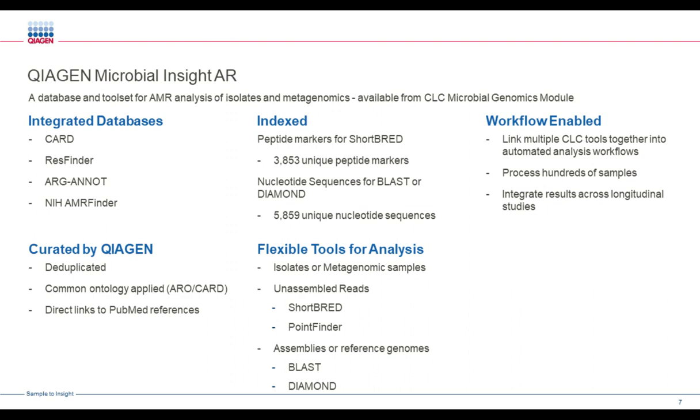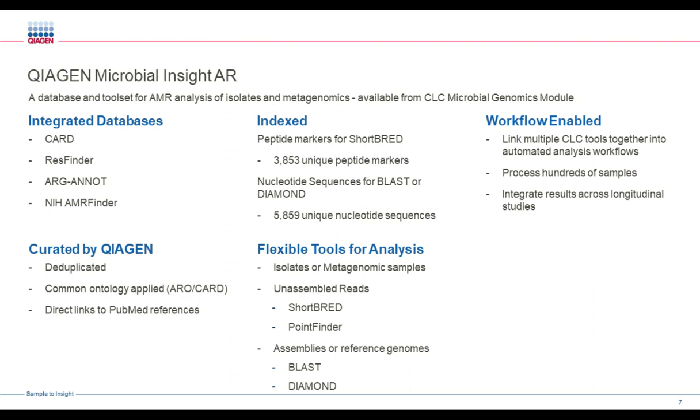We pair this database up with a series of tools, including a SNP-based point finding tool, which uses the PointFinder database, as well as an algorithm called Shortbred for analysis of unassembled reads from metagenomics data. And as I mentioned earlier, you also can leverage our nucleotide sequence database with BLAST or DIAMOND.